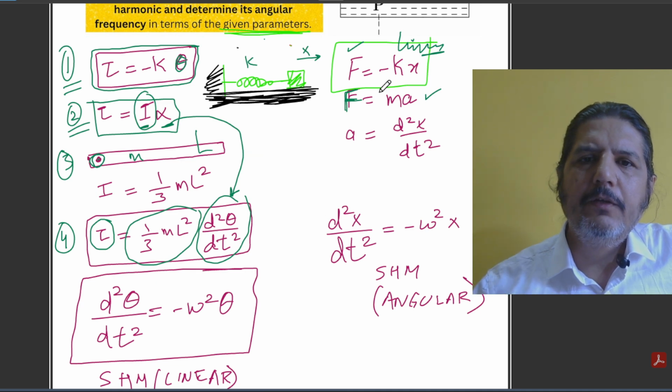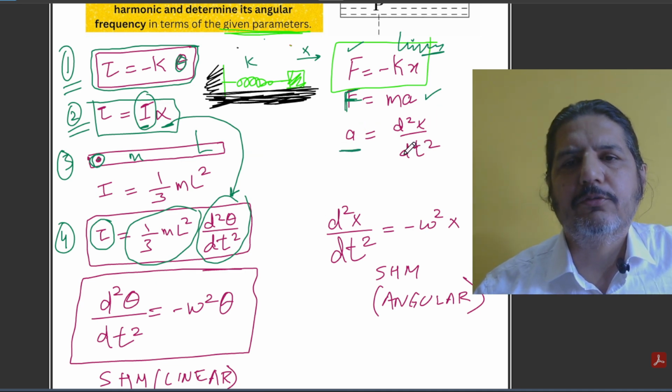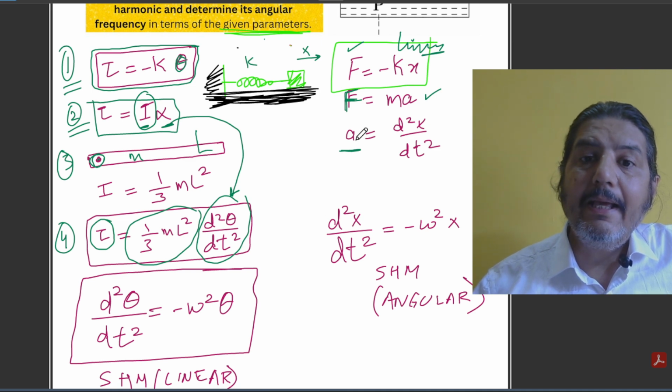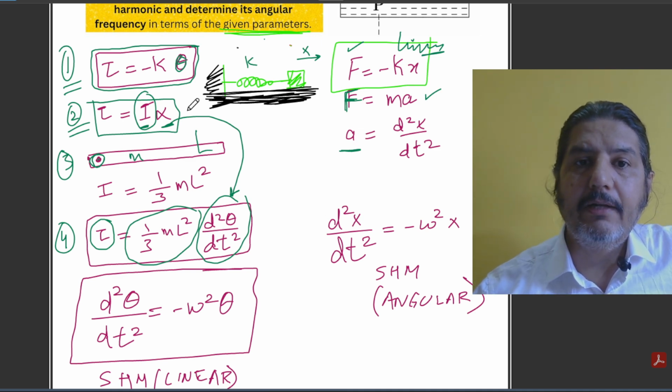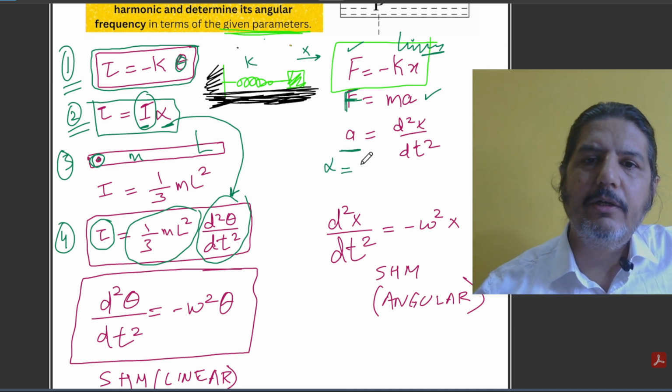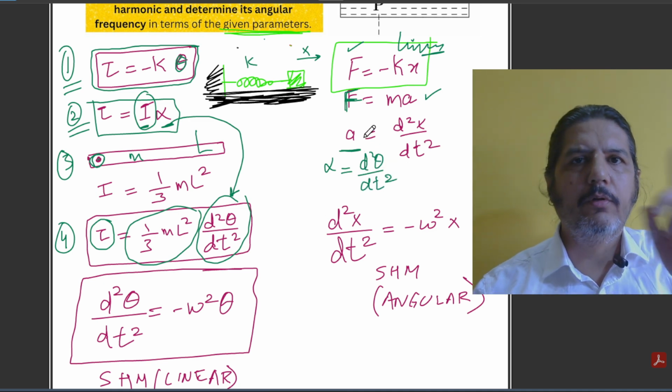In linear acceleration, we write a is equal to d square x by dt square. So a is a linear acceleration, but in terms of angular acceleration, we use alpha, and for d square x by dt square, we use d square theta by dt square. So this is the angular equivalent.